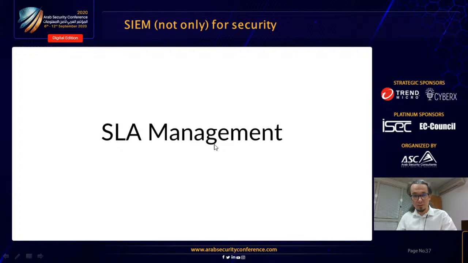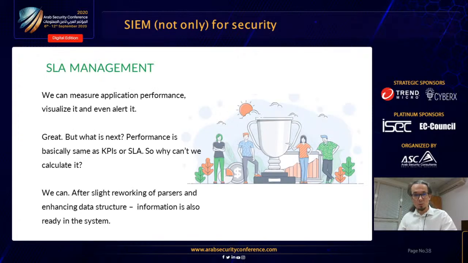Now let's look at the SLA management and KPI. So the basic question is, we are monitoring the infrastructure, we are monitoring the application, and basically calculating the performance of it. So what is the difference between application performance monitoring and KPI? Well, not so much. There isn't much of a difference.